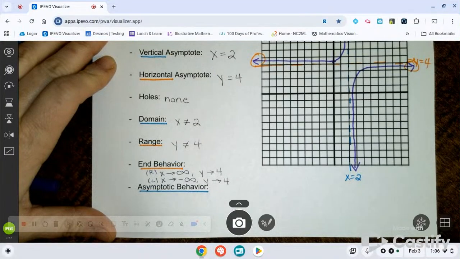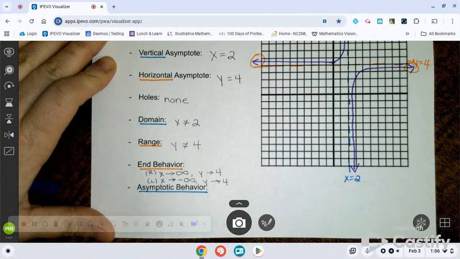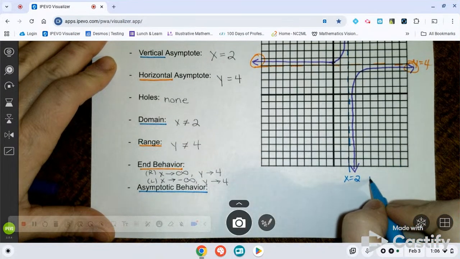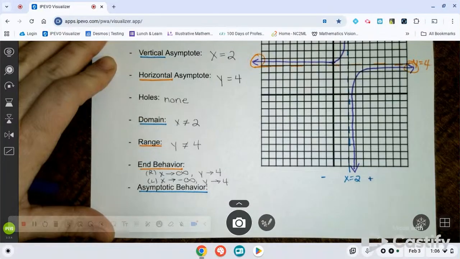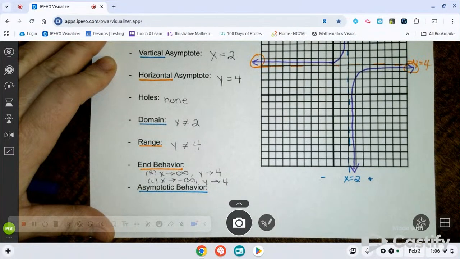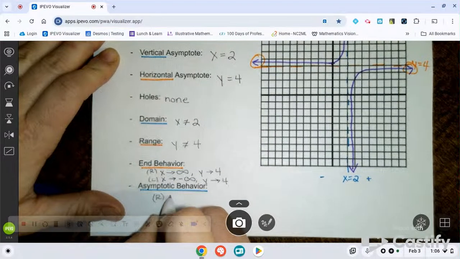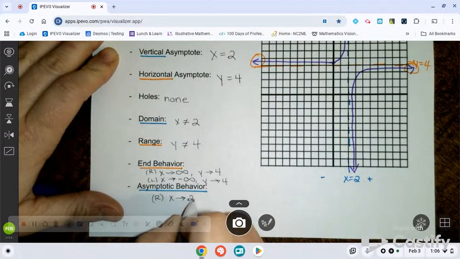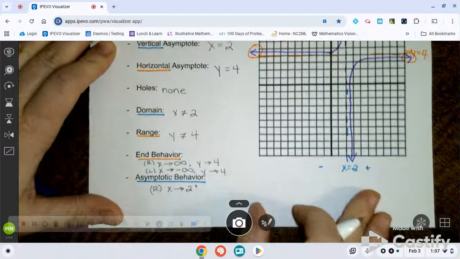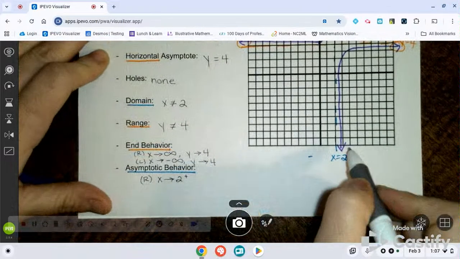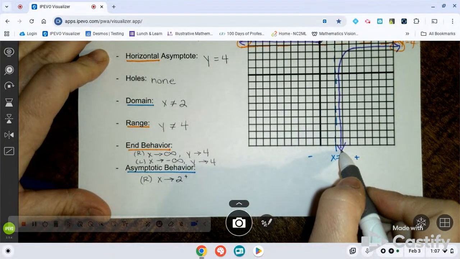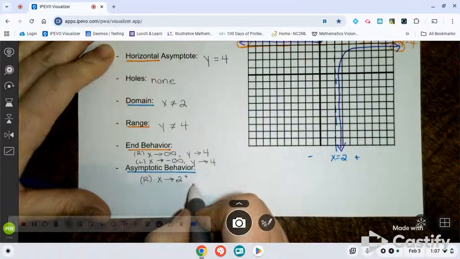What's going to be different in this case is our asymptotic behavior, because we have done a reflection. So for the right side, x is going to be approaching 2 with a plus to represent the right. But on the right-hand side, this time our arrow is going down.